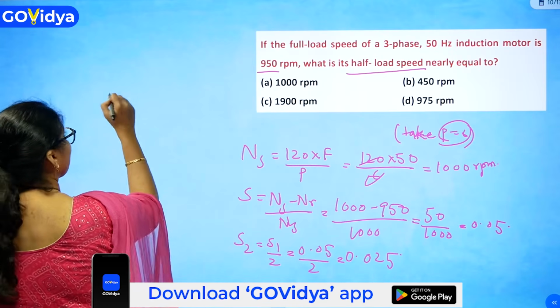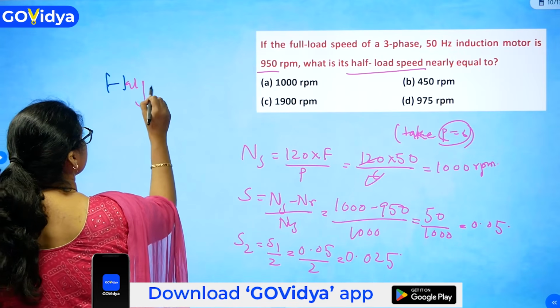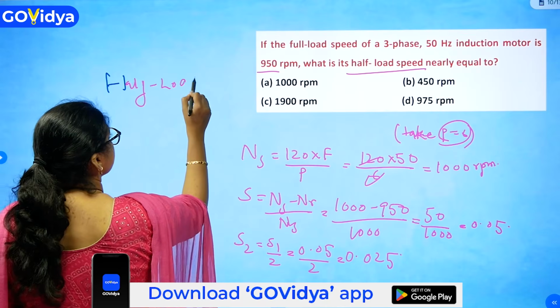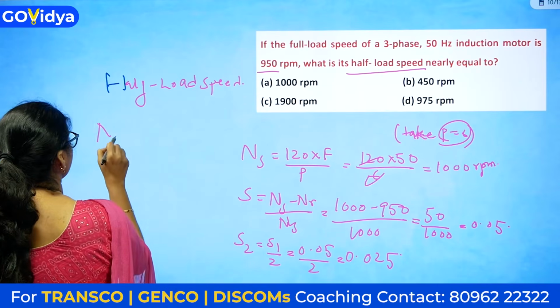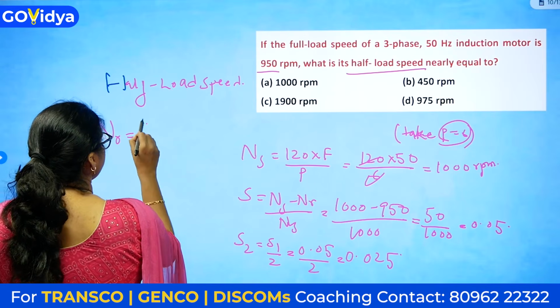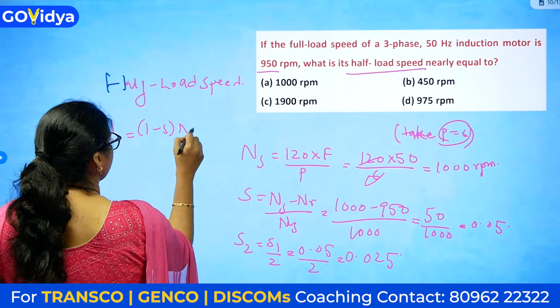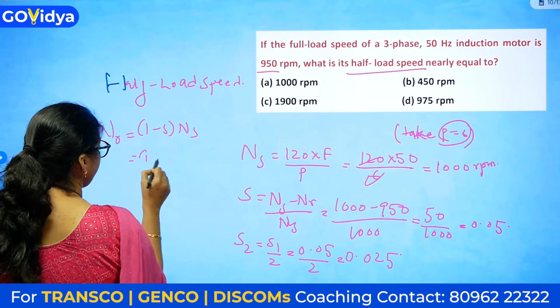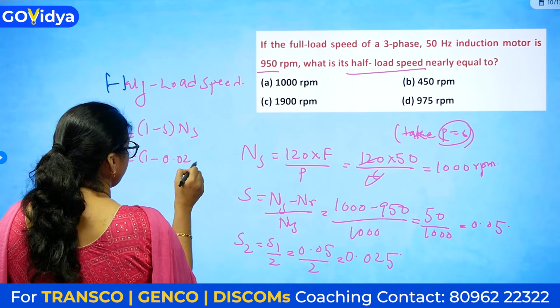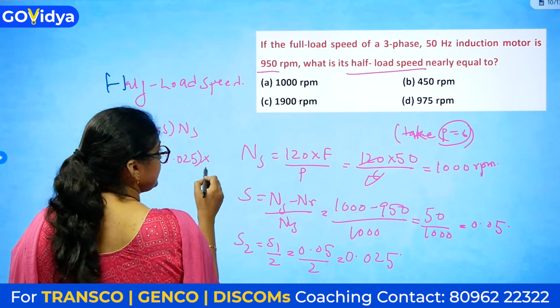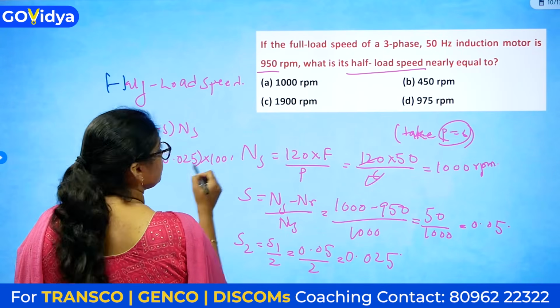So we have to calculate the half load speed. NR is equal to 1 minus S into NS. So 1 minus 0.025 is 0.975, into NS, which is 1000 rpm.